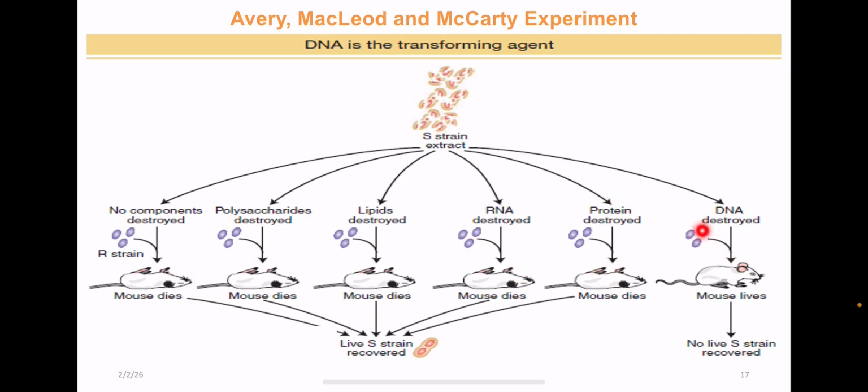But when he did the same for DNA, when he destroyed the DNA component, the mouse lived. So this actually tells us that DNA is the genetic material, or the virus is transferring DNA to the mouse, and that's what is causing the mouse to die. So it is DNA that's the genetic material, and not protein, nor RNA, nor lipids, nor carbohydrates.